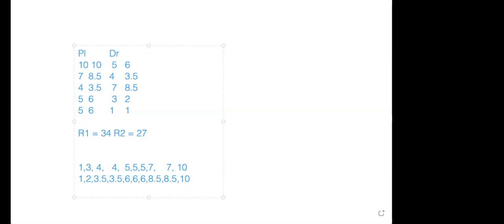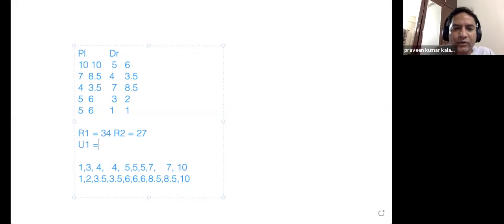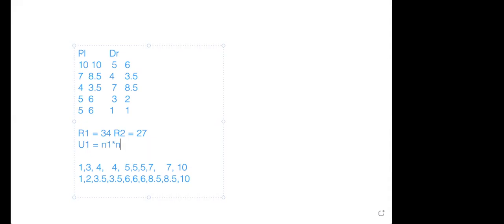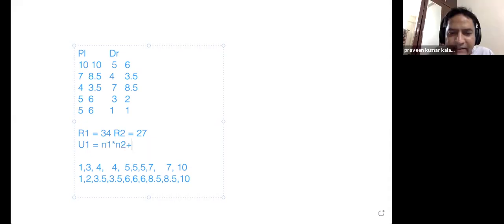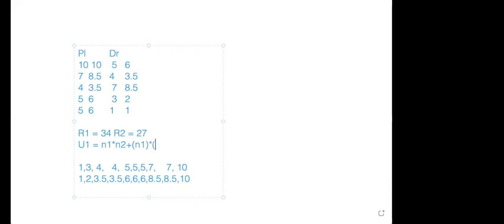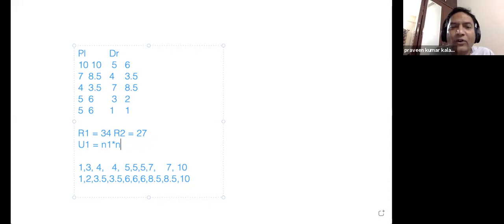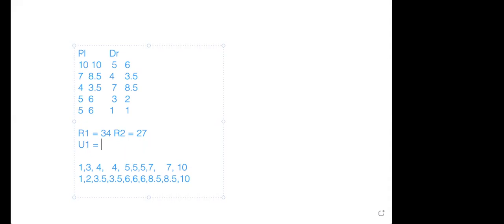So what is U? That is U1. Anybody remember the formula? N1 into N2 plus N1 into (N1 plus 1) divided by 2 minus R1. Wait, the total R2 is not 27, is it? Yes, it's not 27.